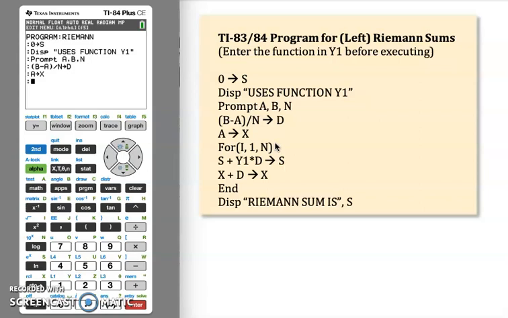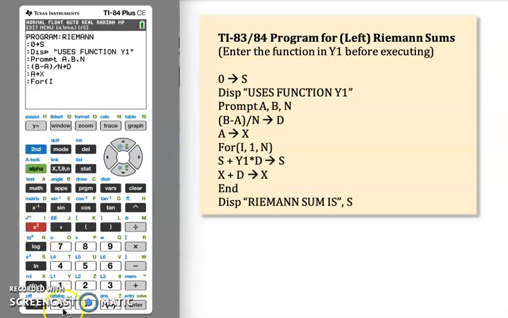Because the work is very repetitive, we use something called a for loop. So go to program, go to number 4, which is For. For I, so alpha I, which is more like a placeholder.